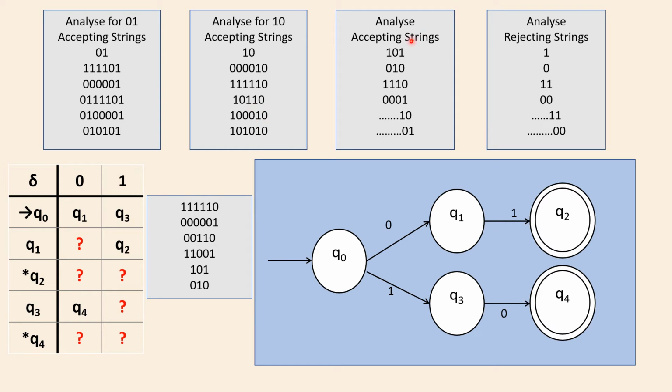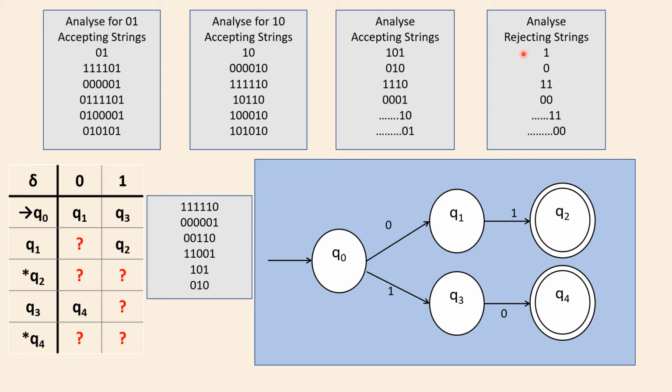So the overall accepting strings can be, if I have 1, 0, 1, this is ending with 0, 1, so this is accepted. If I have 0, 1, 0, this is ending with 1, 0, so this also has to be accepted. So n number of combinations of zeros and ones which are ending with 1, 0 or ending with 0, 1 has to be accepted.